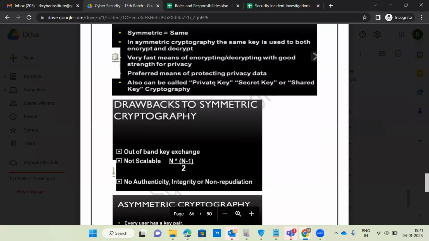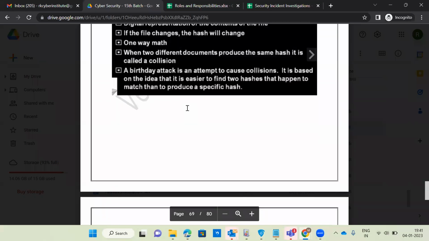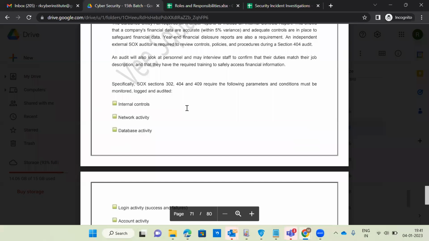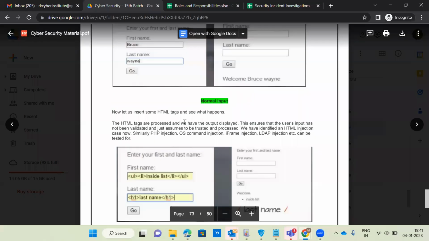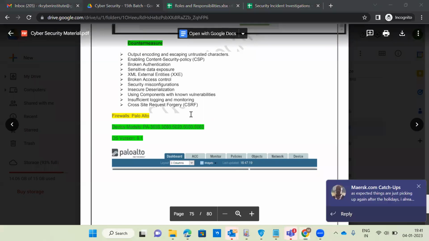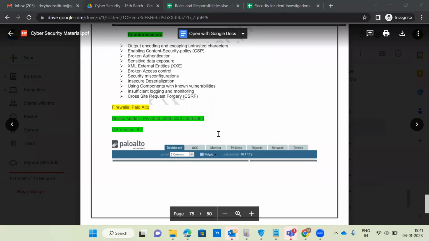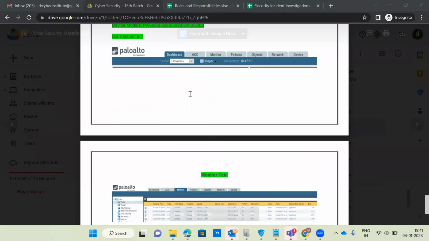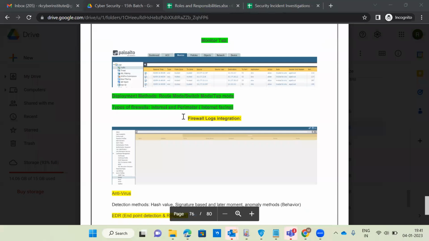Next one, compliances and OWASP Top 10. Even for that batch, I gave Palo Alto training instead of Fortinet. But anyway, you know FortiGate, right? So FortiGate you can see. Palo Alto logs integration, this is the log server method.